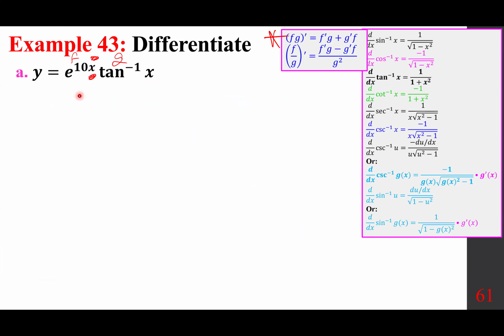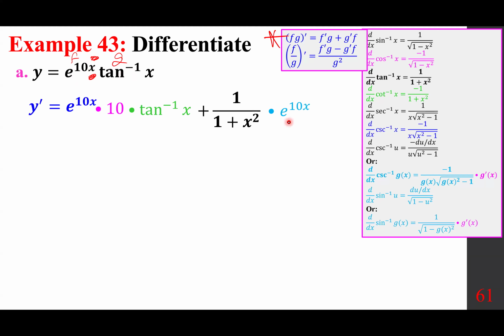All right, so y prime is f prime g plus g prime f, which means y prime is e to the power of 10x times 10, that's f prime, times tan inverse, plus g prime, which for tan inverse is 1 over 1 plus x squared, times f, e to the power of 10x.